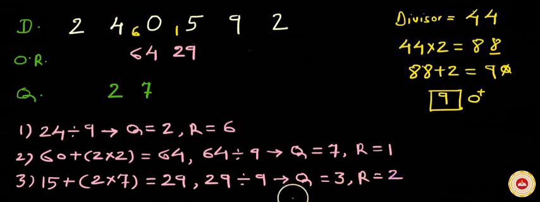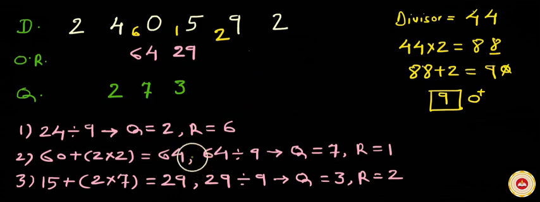Now let us write quotient 3, the third quotient, below the second osculation number, and write remainder 2 as a prefix to the next digit in the dividend, which is 9. Now read this as 29, and we are going to use this 29 to calculate the third osculation number.